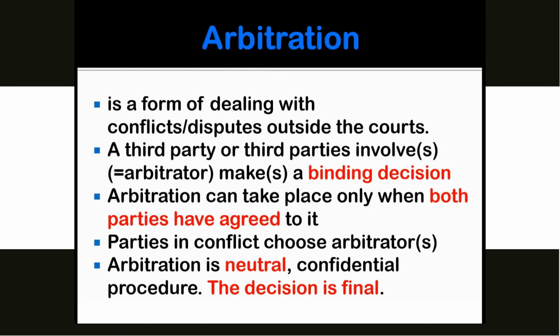Without this agreement, arbitration will not be undertaken. So parties in conflict choose arbitrators, and arbitration is neutral, but the decision is final. So arbitrators decide how to solve this problem. The process is confidential, but the final outcome is the binding one.